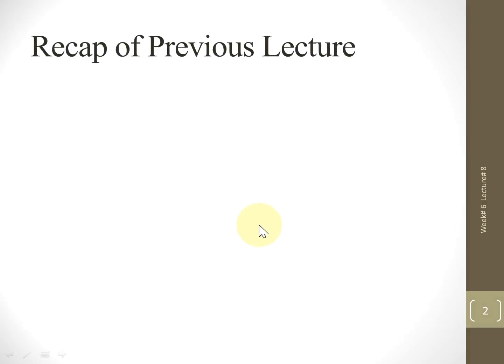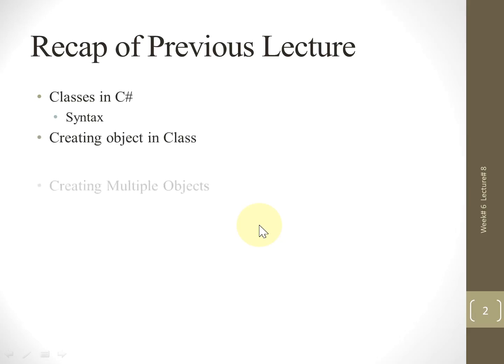In our previous lecture we covered a few topics and implemented them within Visual Studio. First we learned about classes in C#, then we learned the syntax, and we created the object for that class.